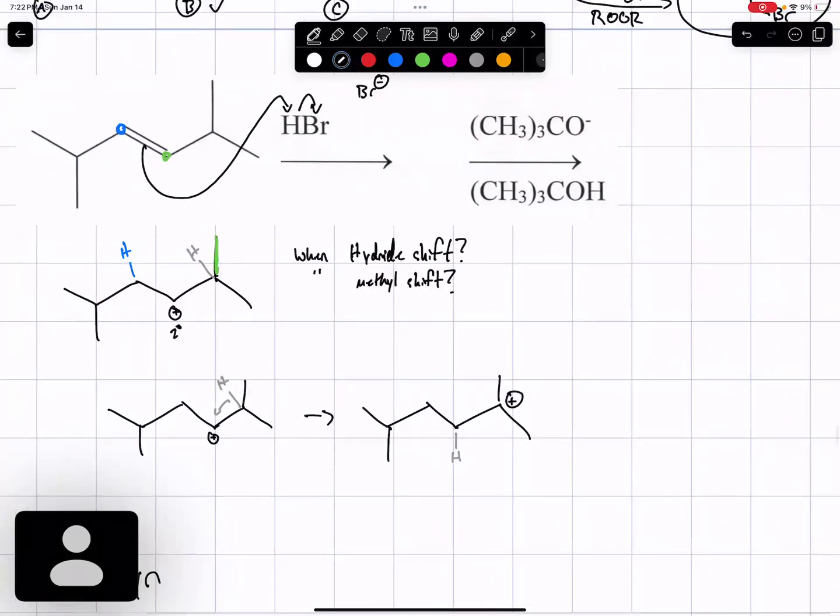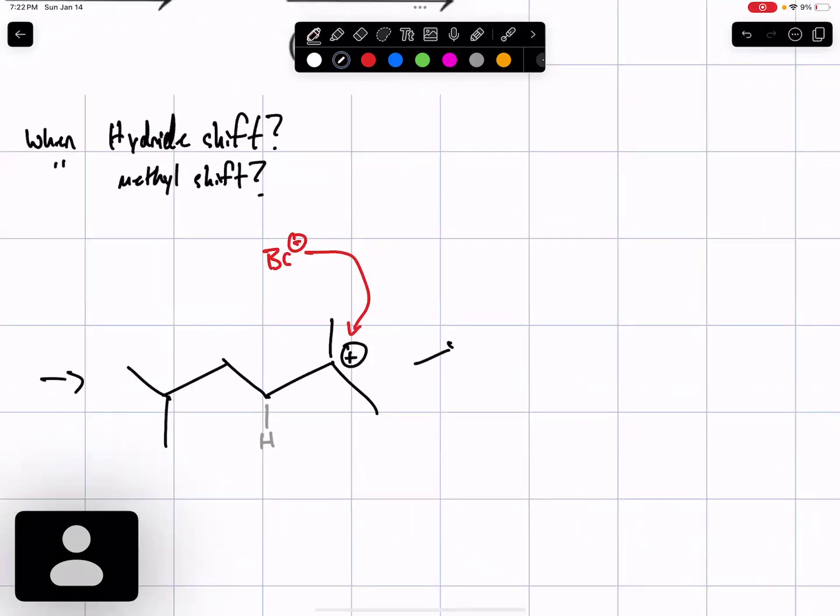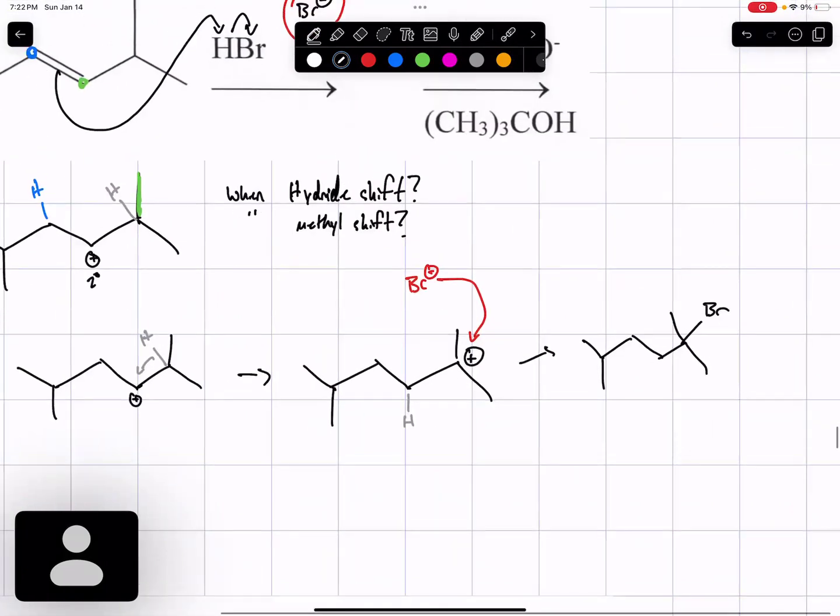Now that Br anion attacks here. Now that Br has attacked that tertiary carbocation position, we have something that looks like this. Cool.